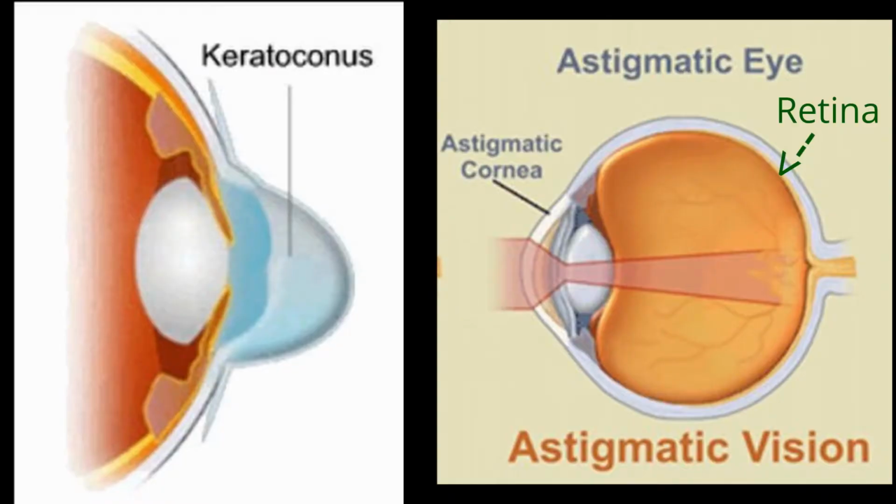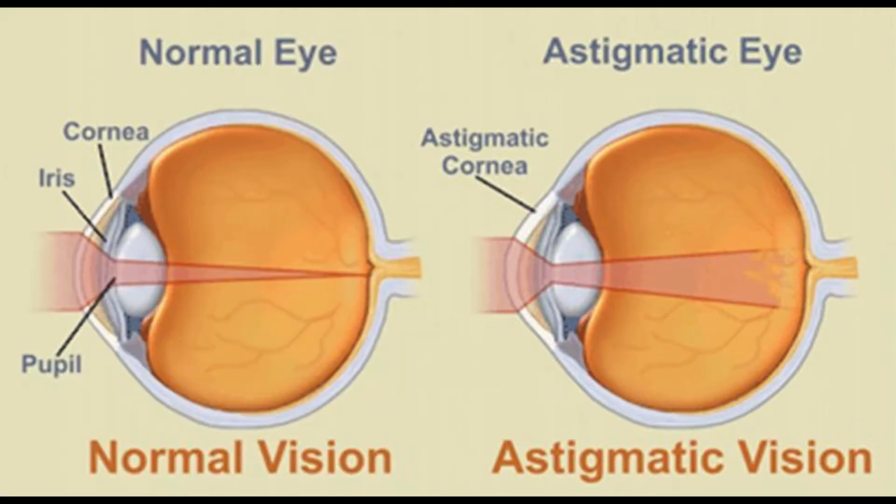If your cornea has an uneven curvature, then the light will bend unevenly to the retina and cause it to focus at different points on the retina, and that's what causes things to be distorted and blurry.